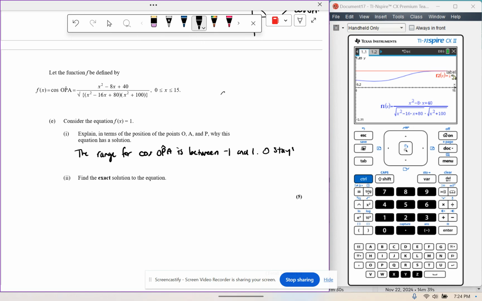O stays at the origin. P slides back and forth between 0 and 8, right?